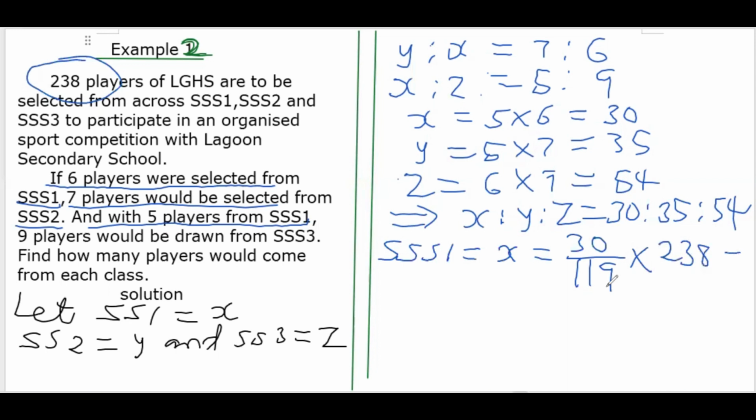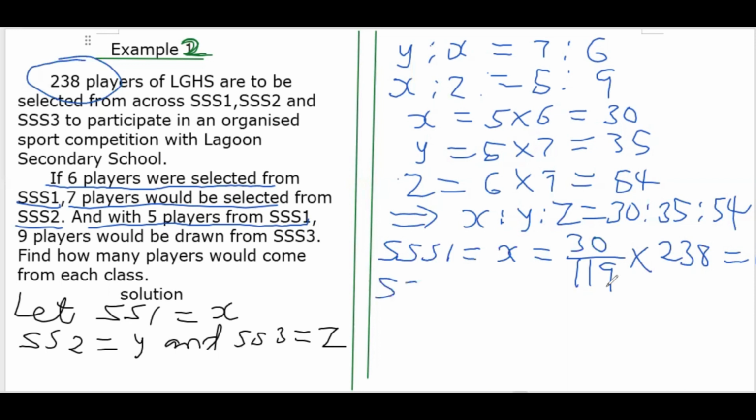If you multiply this out, 30 times 238 divided by 119 gives 60 players coming from SS1.